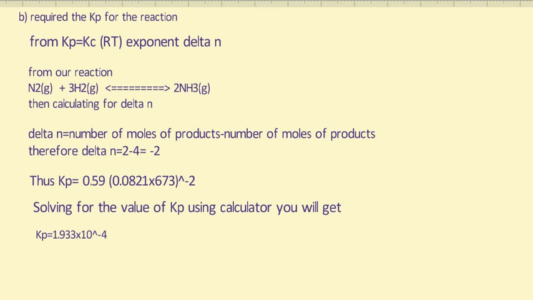So from our reaction, the nitrogen gas there, the change in n or delta n will be 2 minus 4, because you take 2 and subtract from this side which is 4. So Kp will be that exponent -2. Solving that, you enter 0.59 then times 0.0821 times temperature 673 then exponent -2. We will get the answer, which is Kp.